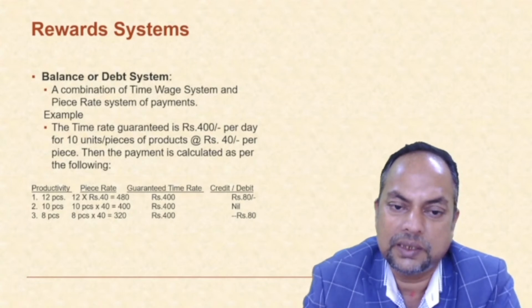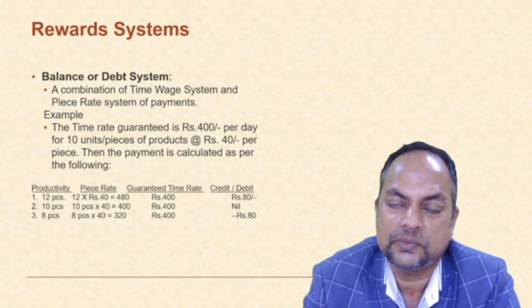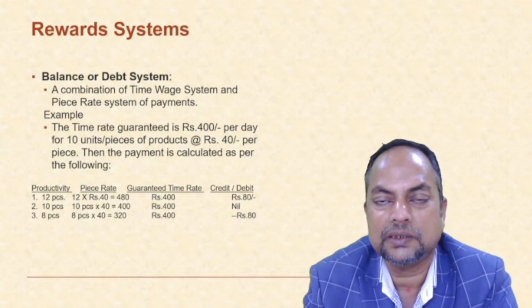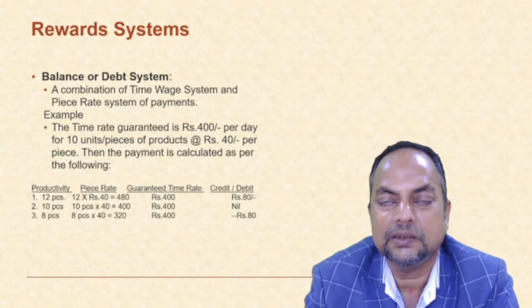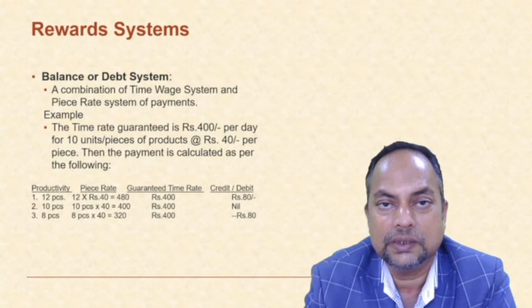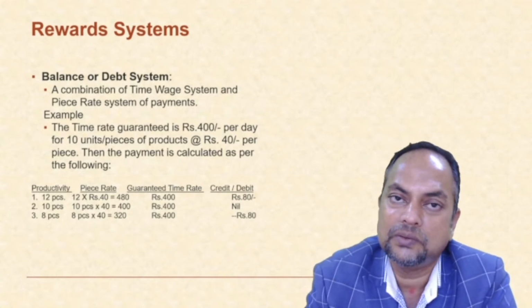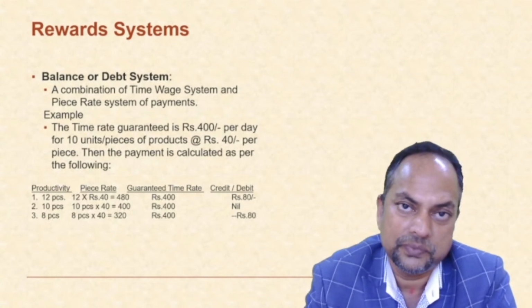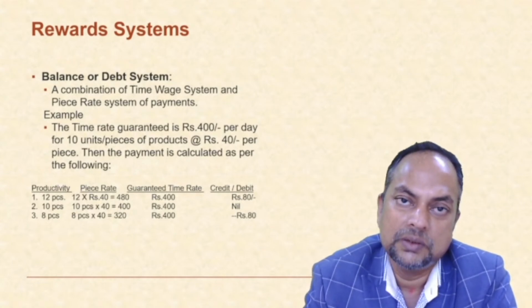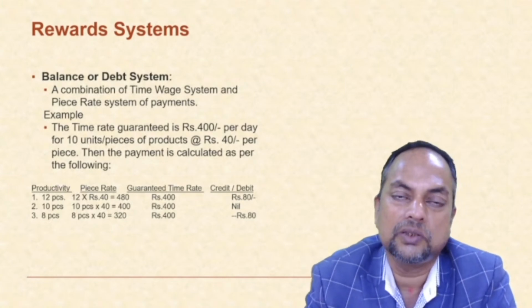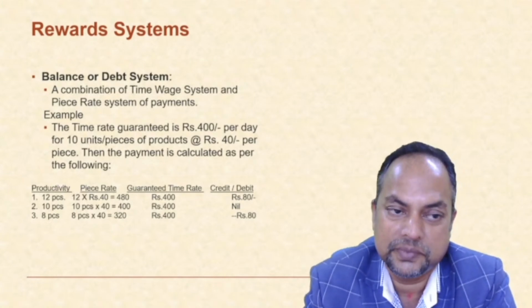Here we are making an application of both the time rate system and the piece rate system. The minimum wage is guaranteed as per the time-based system, but incentives or higher payment are made on the basis of the piece rate system.